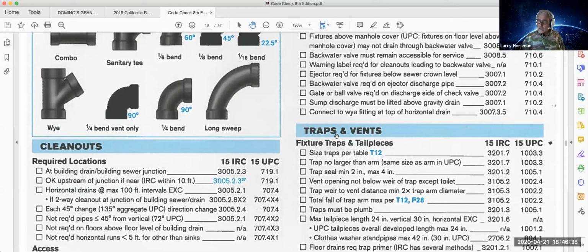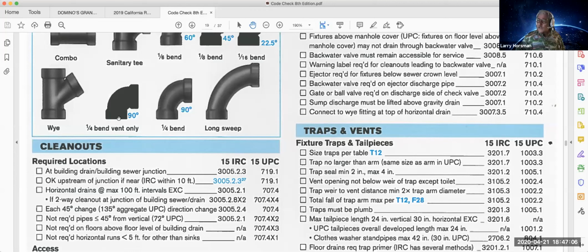So let's see. Cleanouts, we talked a little bit about. So the required locations, usually upstream. In some cases we're using the vent. So if you have a continuous vent, you can use that as a cleanout. In some cases, private property, 100-foot max is typically what we're looking at.